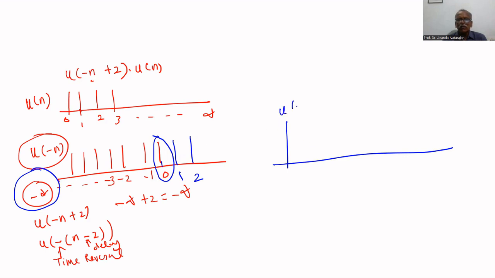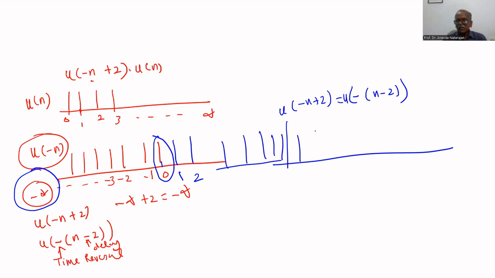So U of minus n plus 2 is equal to U of minus of n minus 2. It will be like this.